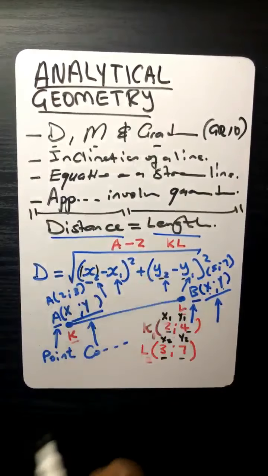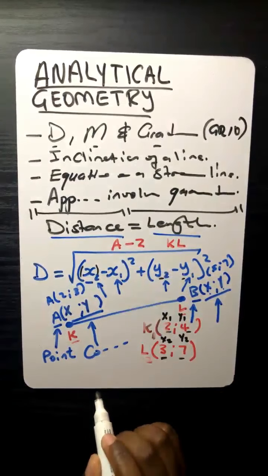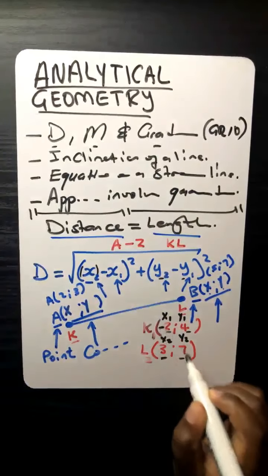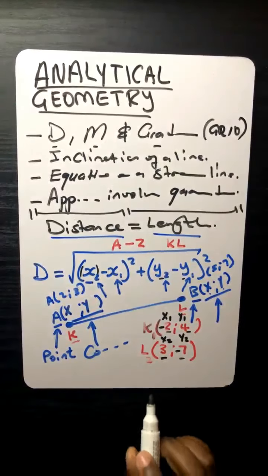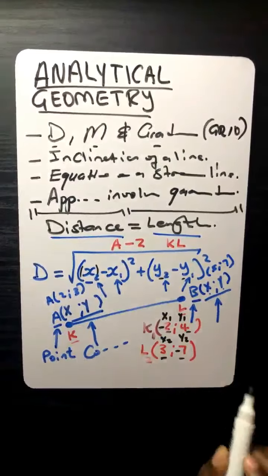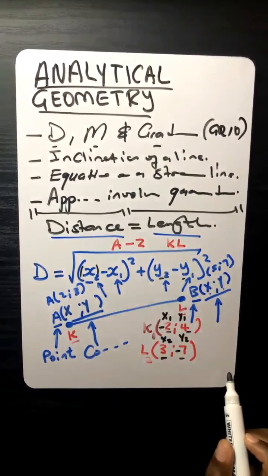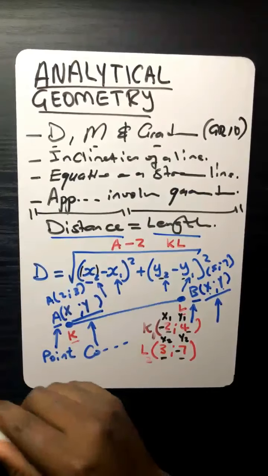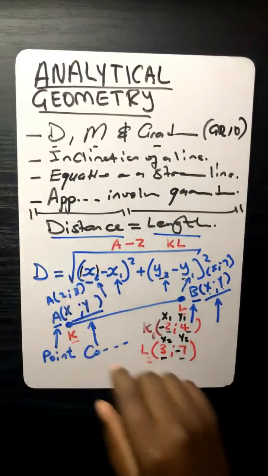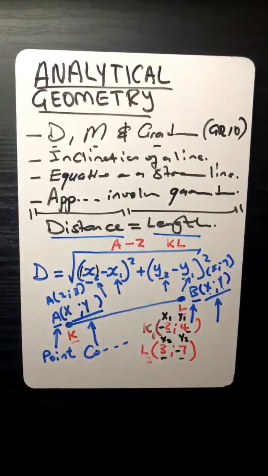The mistake that you are most likely to make is when you are given, for example, negative values. You always make a mistake when you substitute into the formula. That's what we notice when we're at the marking center. It's so painful to see a very brilliant learner following the correct mathematical procedure but substituting incorrectly.